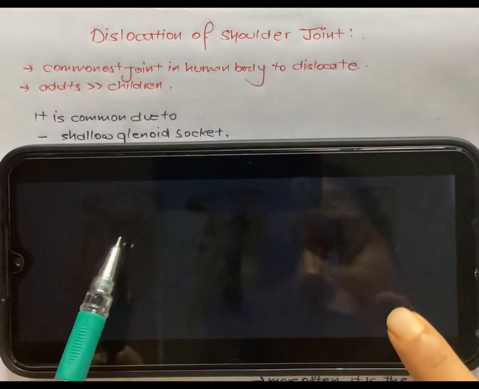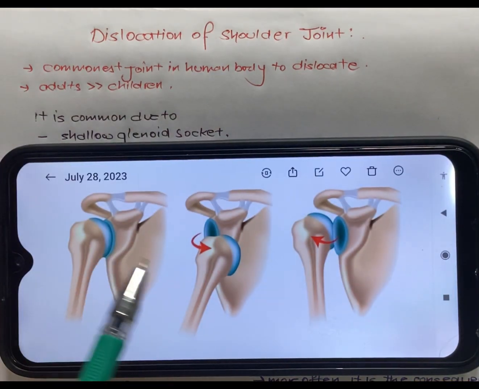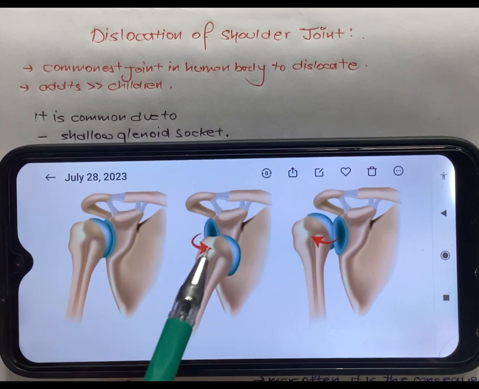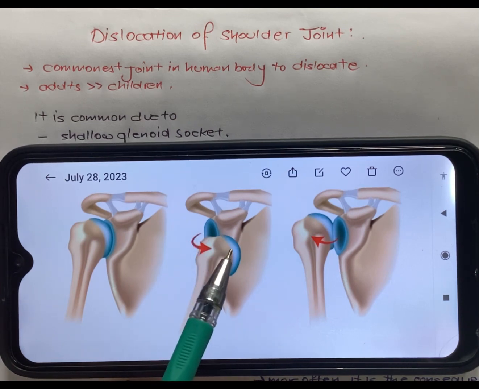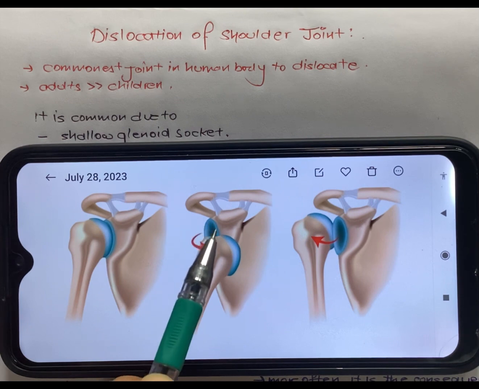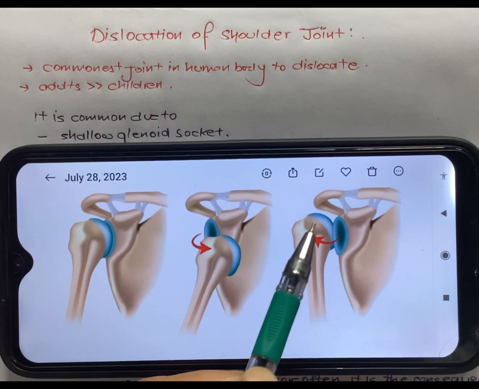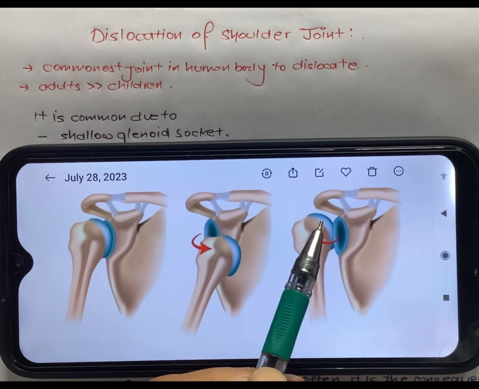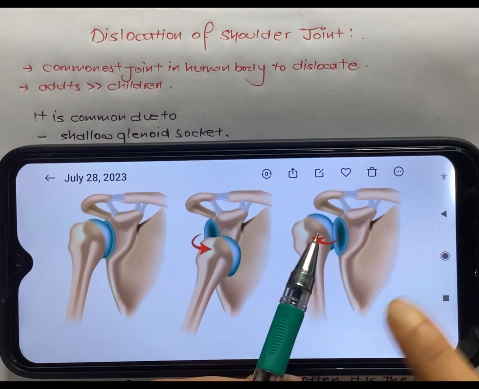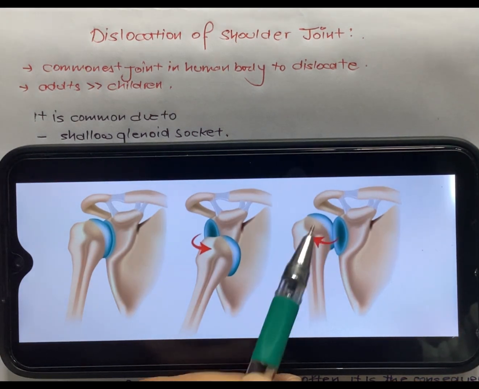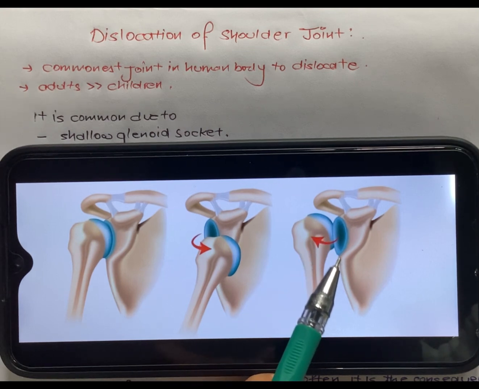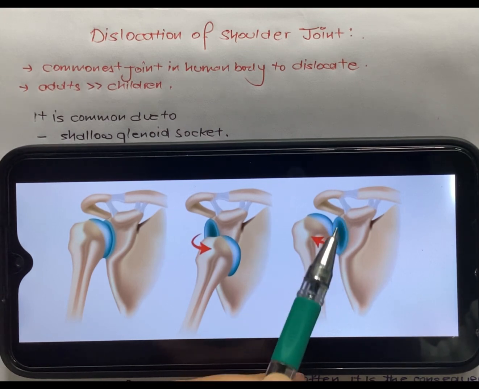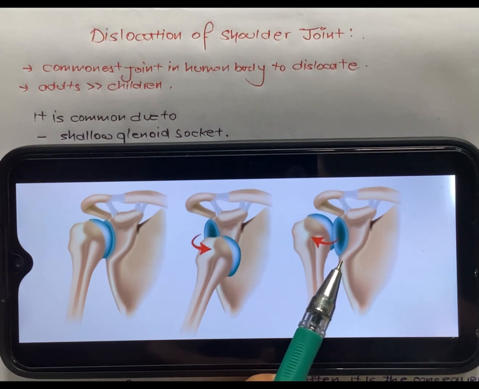But in shoulder dislocation, if the head of the humerus gets dislocated anterior to the glenoid cavity, it is known as anterior dislocation, whereas if the humerus head goes behind, posterior to the glenoid cavity, it is known as posterior dislocation of shoulder joint. And if the humerus head goes inferior to the glenoid cavity, then it is known as inferior dislocation.